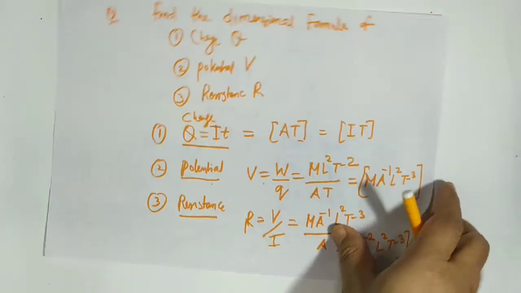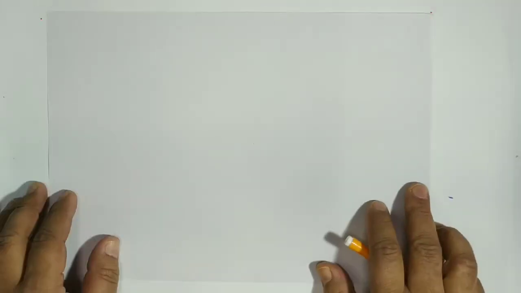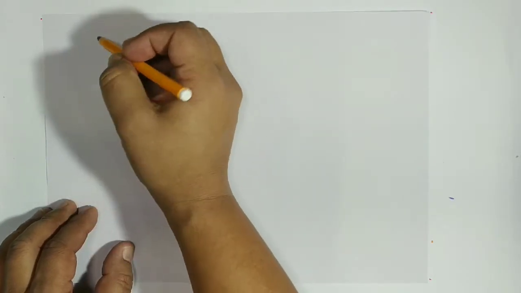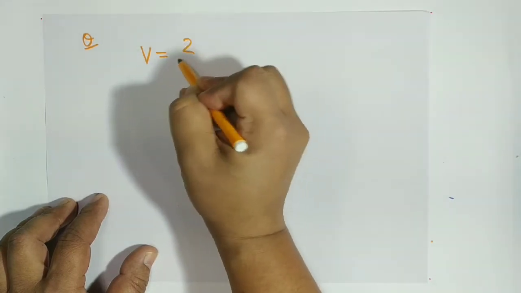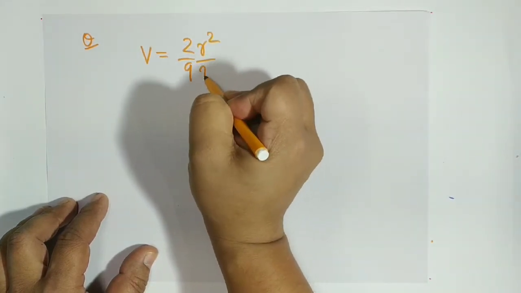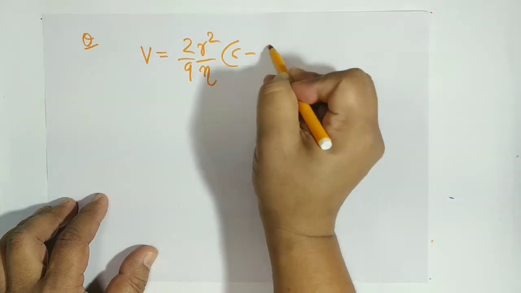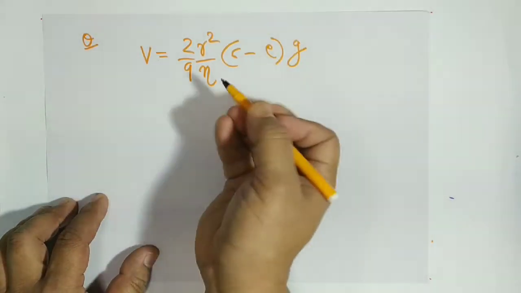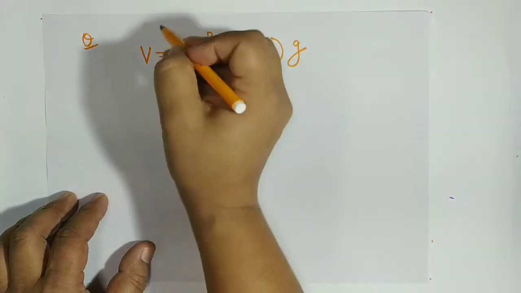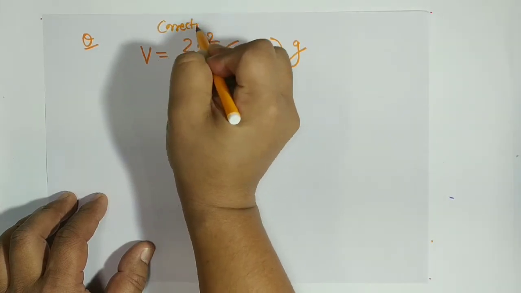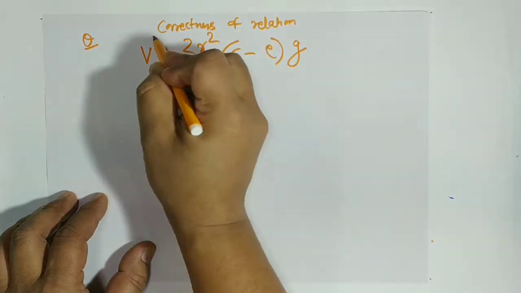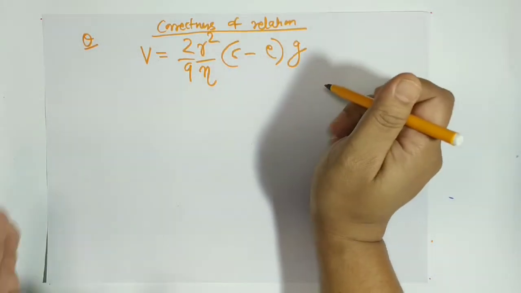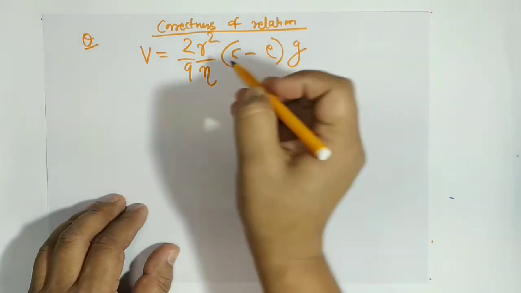Now sometime some of you are following the homogeneity, and some have the doubt also. The question was given: velocity equals 2 by 9 r square eta, sigma minus rho, into g. We have to just see the correctness of the relation. I am explaining because some of you may have doubt on this, but it is very simple homogeneity, keep it in your mind.